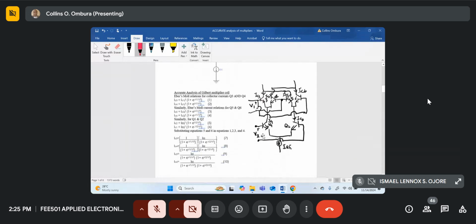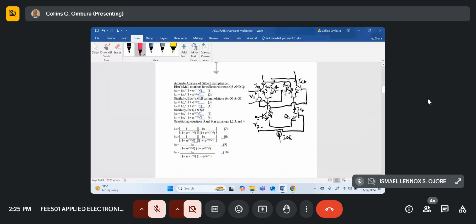I've just drawn this circuit over here. When I'm using my laptop, I draw perpendicular to the screen, that's why it's a bit shaky. I don't use it as a tablet, which is flat down. I've just drawn this sketch over here so that when you're looking at the equations, we can relate to the transistors. So Q3 is this one, Q4, Q5, Q6. The bottom one is Q1 and Q2.